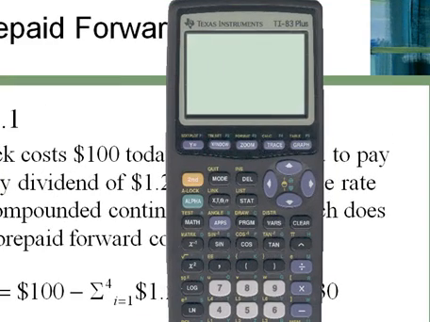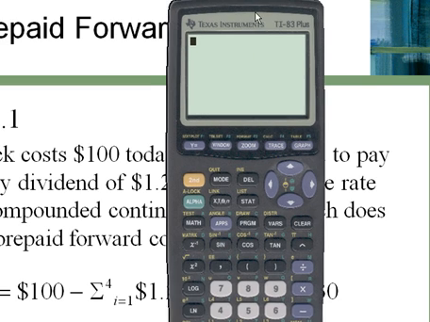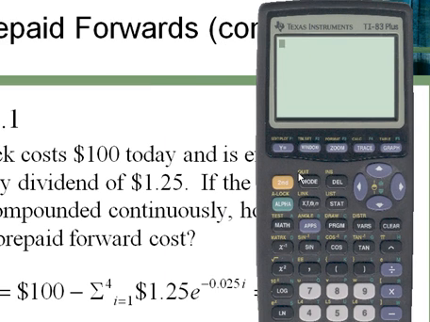What I would do is just figure the value as follows. I would start with the $100, and then I would subtract off the present value of each dividend one by one.